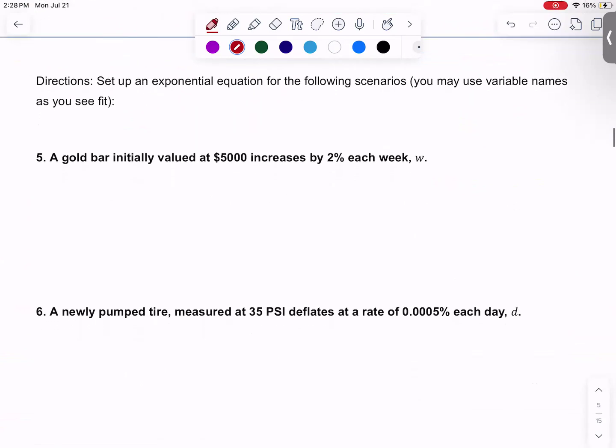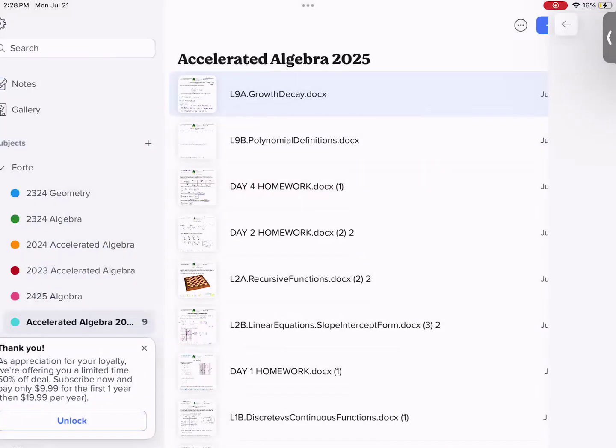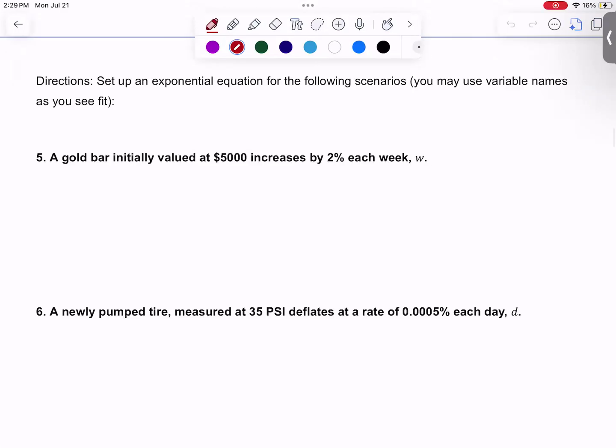Set up an exponential equation for the following scenarios. You may use variable names as you see fit. So some of them provide variable names. Number five, a gold bar initially valued at $5,000 increases by 2% each week.